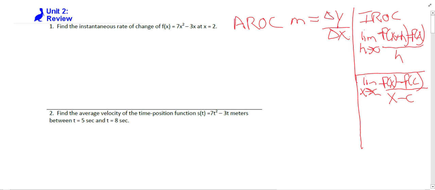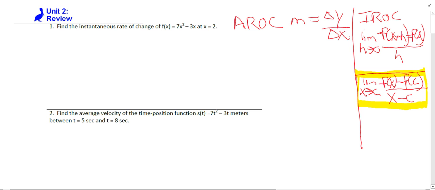So really, all three of these variations are just the slope. So anyway, let's take a look at number one. I think we'll use this method right here to take a look at that one.